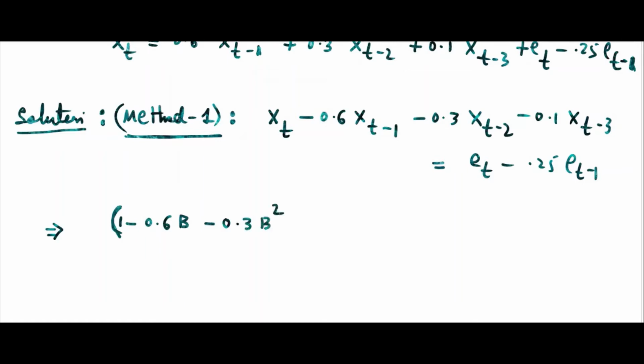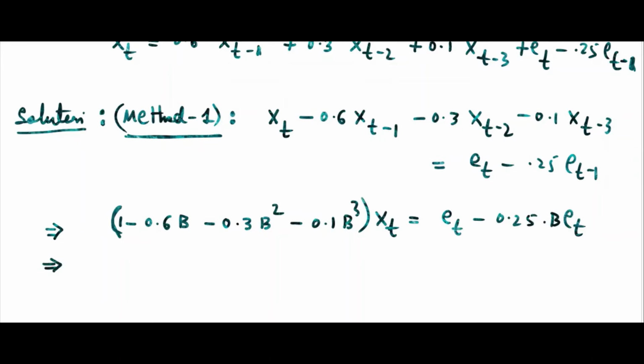So b square here, minus 0.1 b power 3, and in total xt, that's all. B power 3 xt is xt minus 3, b power 2 xt is xt minus 2, that way. And here also we'll write et minus 0.25 b et, and finally if you see, it will take that form, the general form.